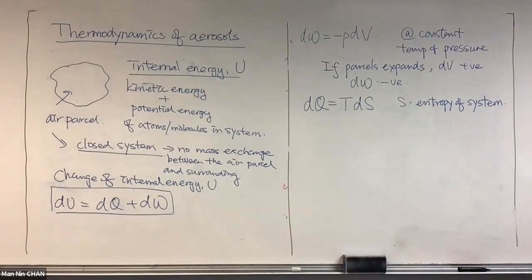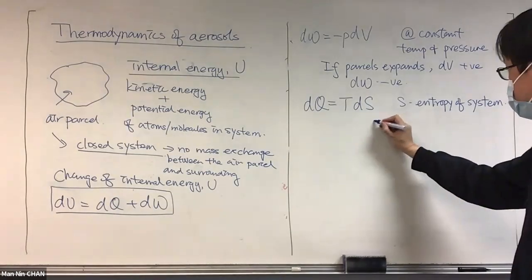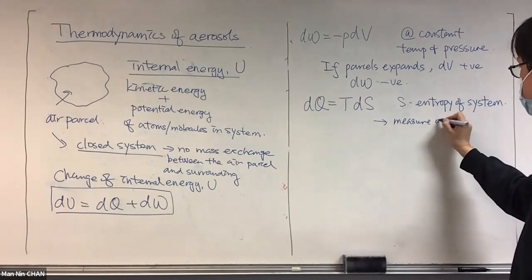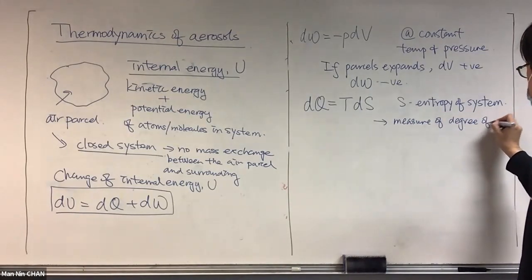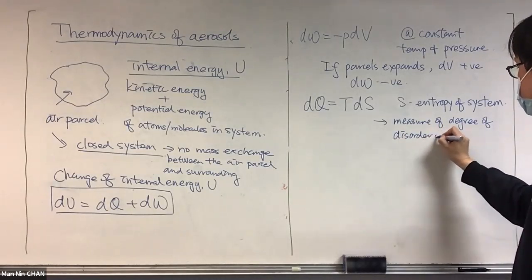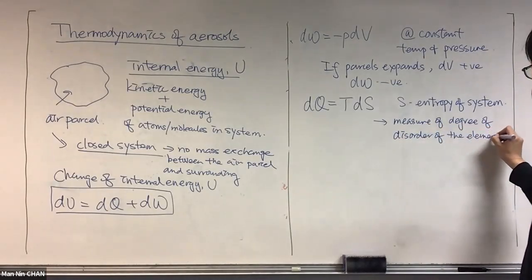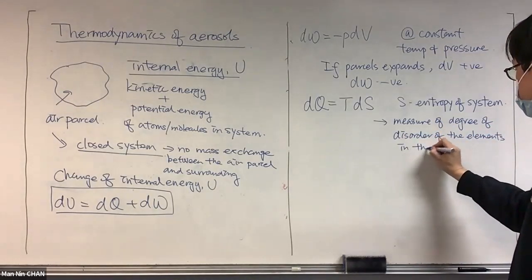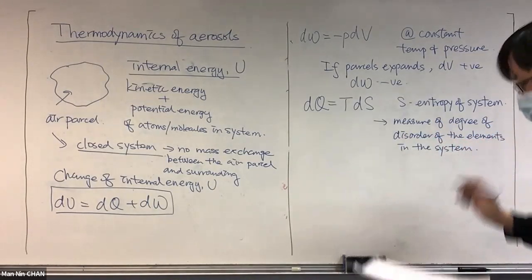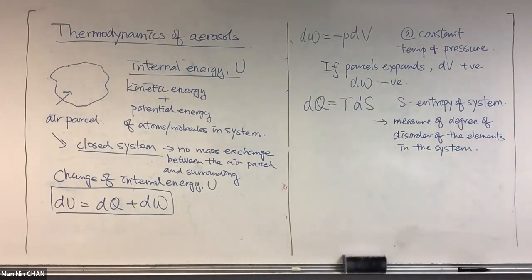You can have different interpretations of entropy, but one way to think about it is as a measure of the degree of disorder of the elements in the system. More disorder means a greater entropy.